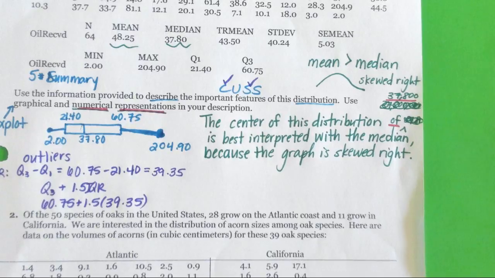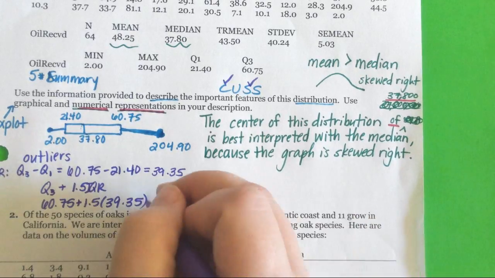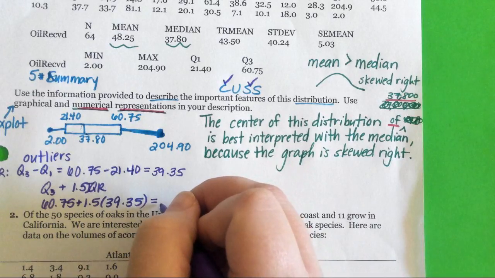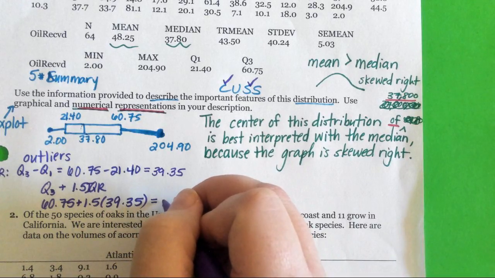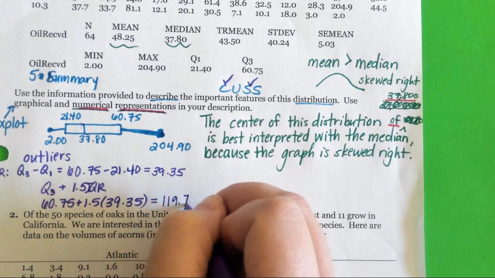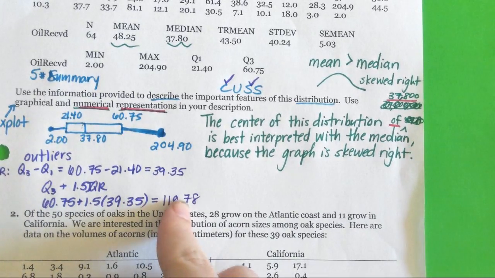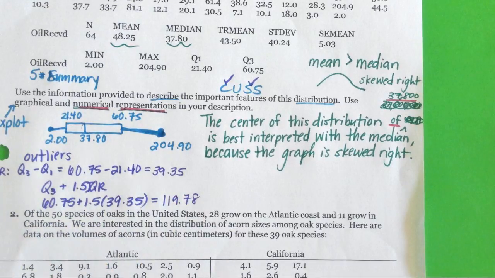What'd you get? I got 119.78. There you go. Okay, so I've got this value. So anything above this value is going to be an outlier.